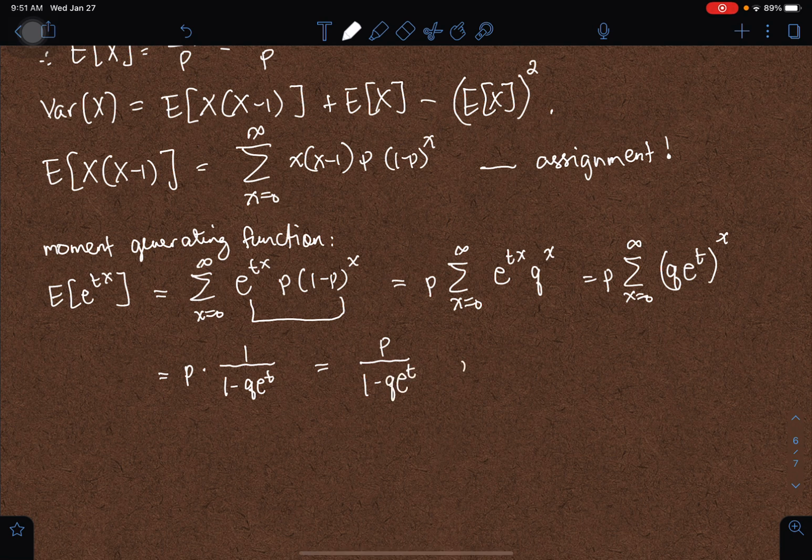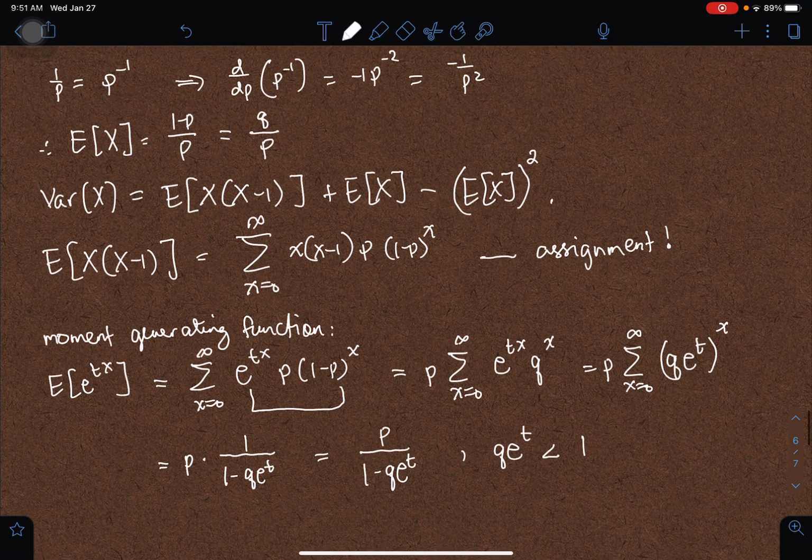Again, q e to the t should be less than 1. So that's the moment generating function of a geometric distribution.